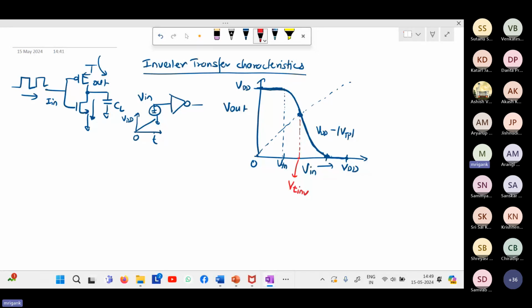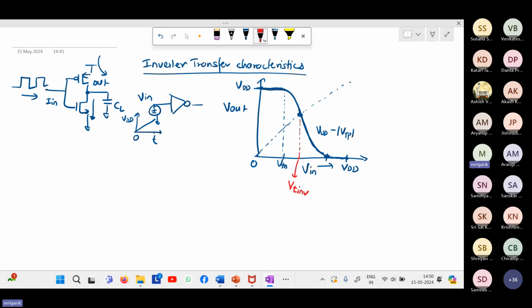That means the input value for which the output is becoming lower than VDD by 2. Ideally we would like this point to be equal to VDD by 2, so that when the input crosses VDD by 2, we can say that the output is going to be close to 0. And when the input is lower than VDD by 2, output is close to VDD.